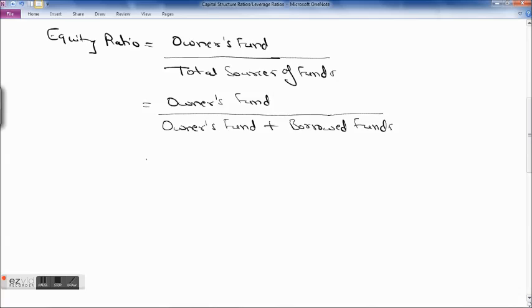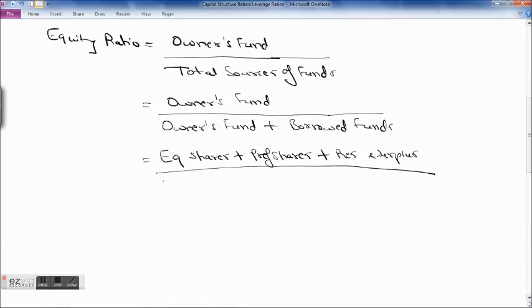Owner's fund will include equity shares plus preference shares plus reserves and surplus. This is divided by owner's fund, again equity shares plus preference shares plus reserves and surplus, plus borrowed fund.